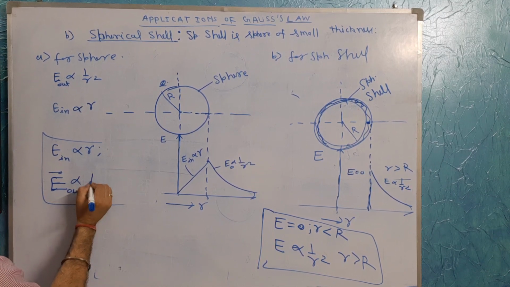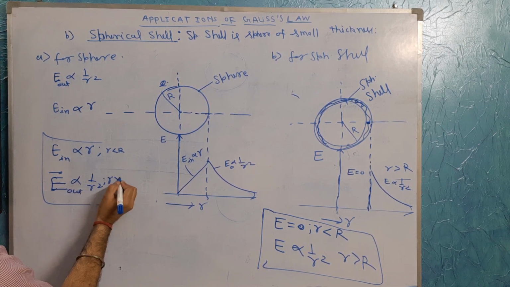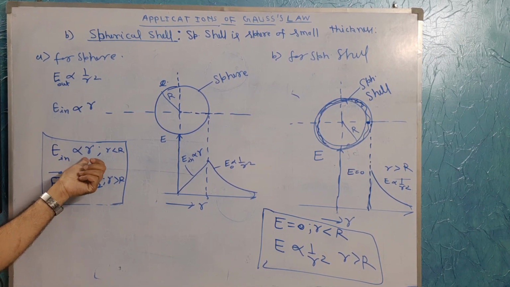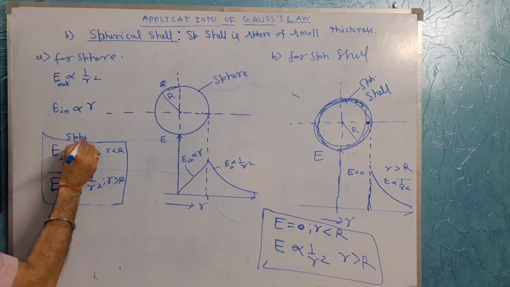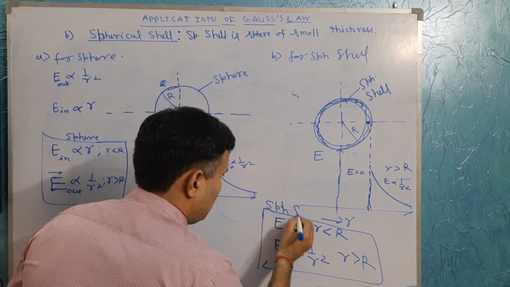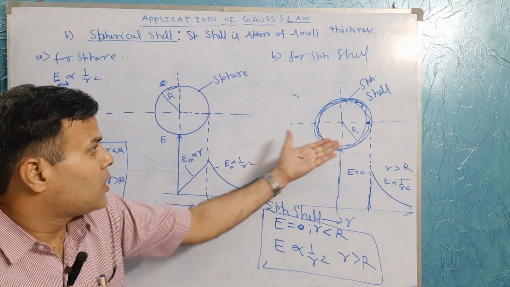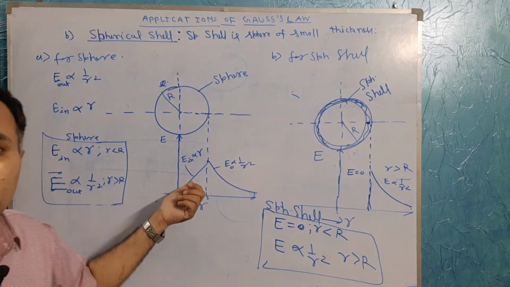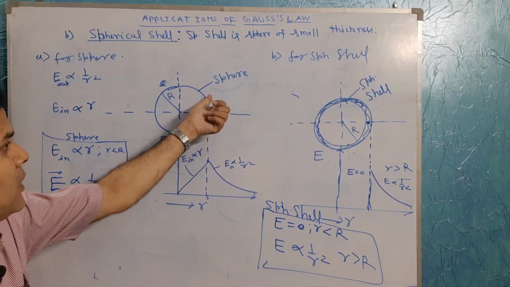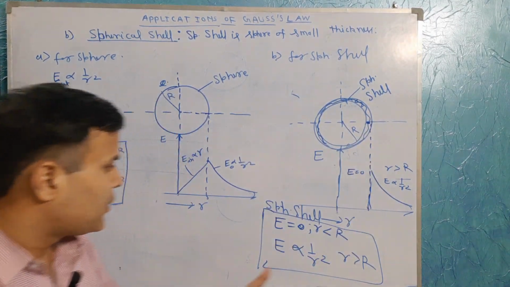Let me rewrite: 1 by r square, for r less than R and r greater than R. So E inside for the case of sphere, this is sphere and this is spherical cell of small thickness. This is the graphical representation of the variation of electric field with distance for the uniformly charged solid sphere and for the spherical cell of small thickness.